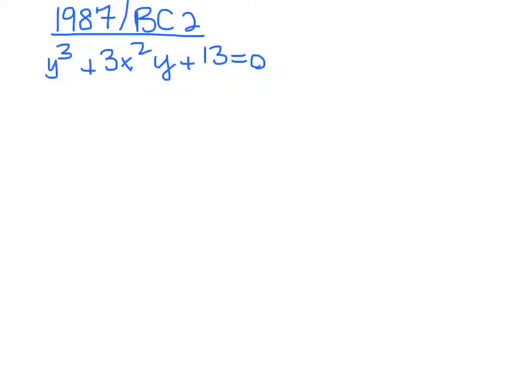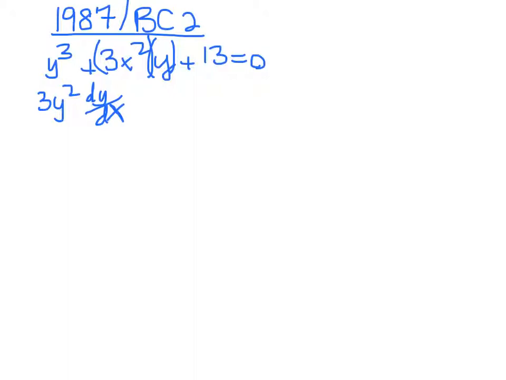All right, so part A is asking us to do implicit differentiation to find the derivative. So we're going to start with 3y squared. Remember, we need dy/dx whenever we're taking the derivative of a y. And then we are going to do product rule in this second set here, because we have two things being multiplied together.